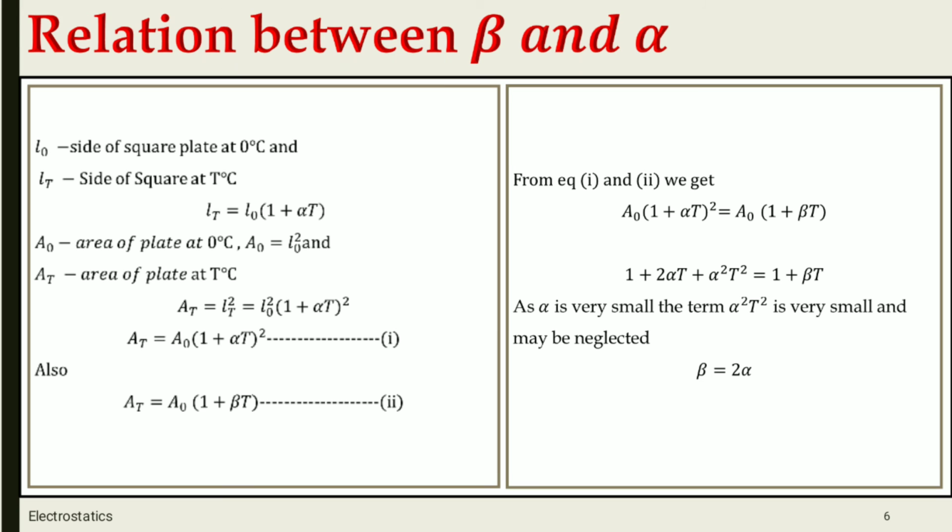Here beta is the coefficient of areal expansion, and alpha is the coefficient of linear expansion. We are going to consider a solid plate, a square plate having side L0 at 0 degrees Celsius.